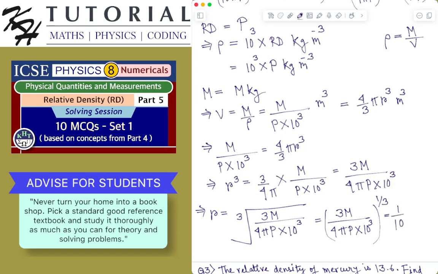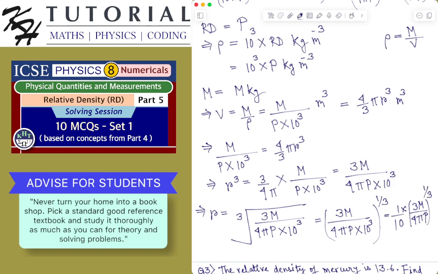In the denominator we have 10 to the power 3 and the whole expression has power of 1 by 3, so the 10 to the power 3 raised to the power 1 by 3 will become 10. So we have 1 by 10 multiplied by 3m divided by 4 pi p, and this whole raised to the power 1 by 3.